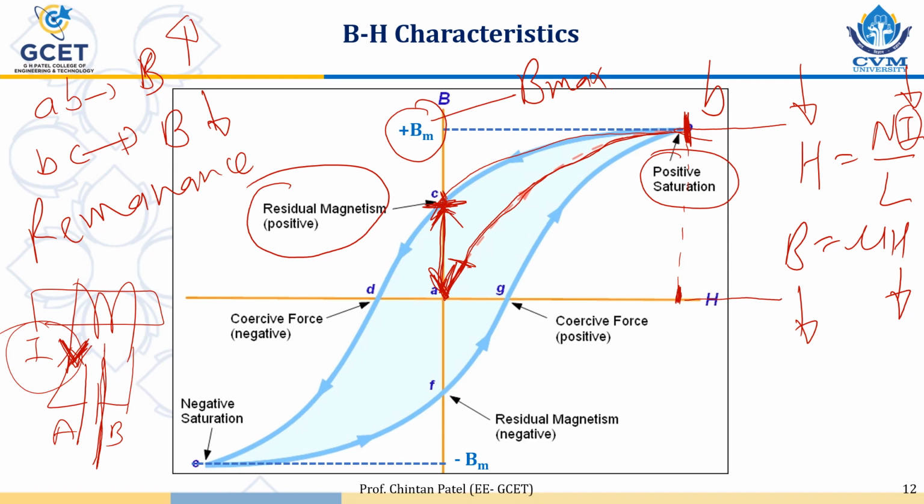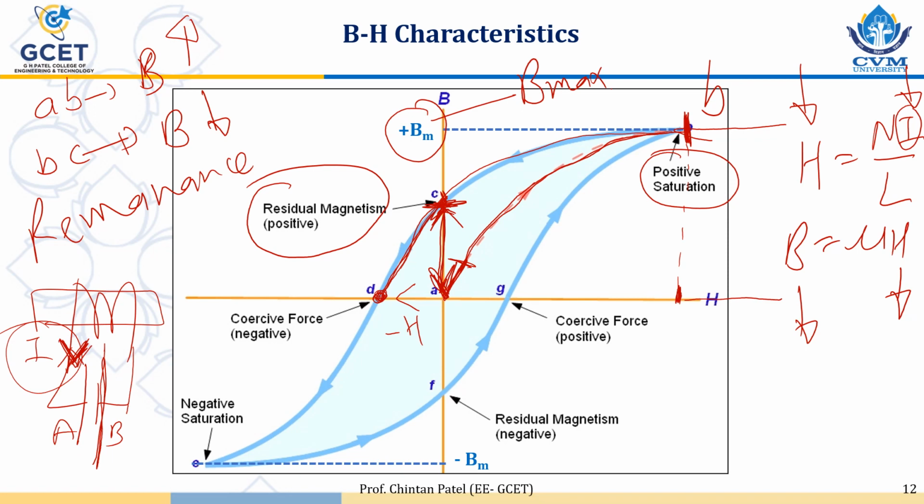Now when you increase the current in opposite direction by decreasing resistance, the magnetic flux density starts decreasing and H starts increasing in negative area. So this is minus H. H starts increasing in a negative value and B starts decreasing, and it will follow CD path, this CD. At point D on the graph, what is happening?